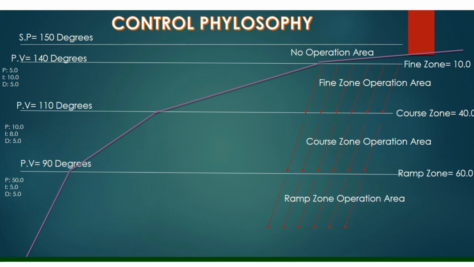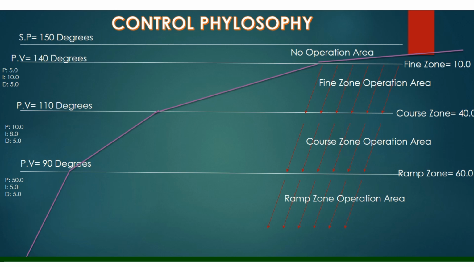So in this case, this fine zone value will be your very fine value. That means this will define the surge value above the set value. So all these values have to be very carefully set for the precise control of the function block.